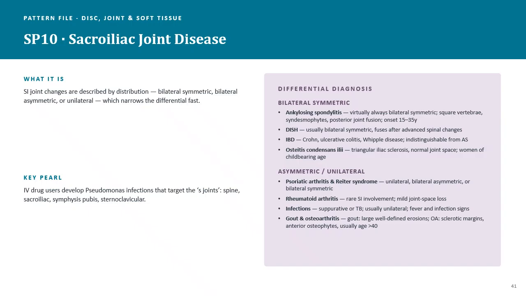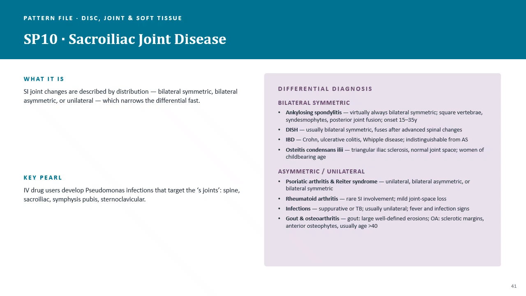Another condition is osteitis condensans. Now, it is a complicated name, very difficult to explain, but it's typically a benign condition. It's a benign area where they're seeing an increased bone density right next to the SI joints.